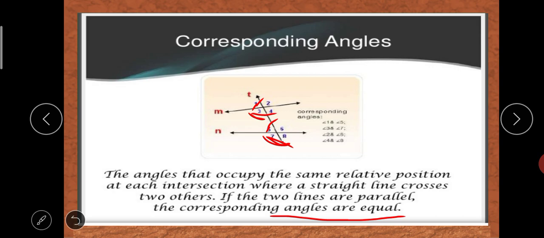Angle 2 is equal to angle 6 and angle 4 is equal to angle 8. I have already written it here. So these are the corresponding angles, as they occupy the same relative position at each intersection. Understood? These are the corresponding angles.